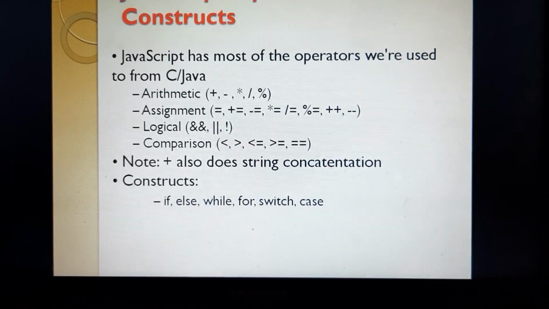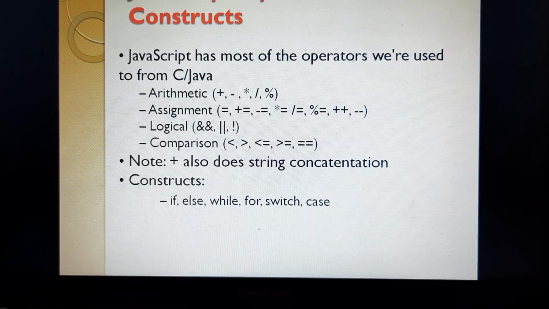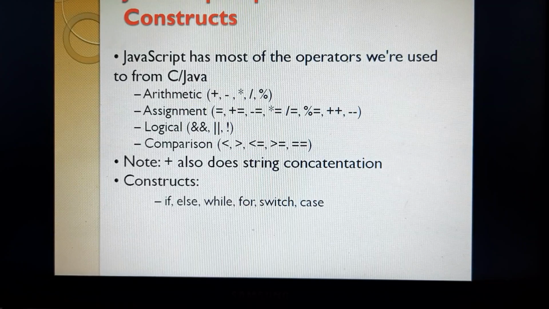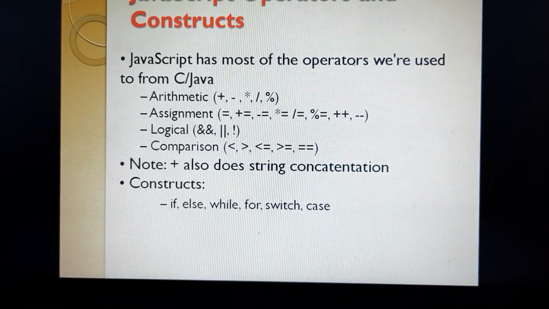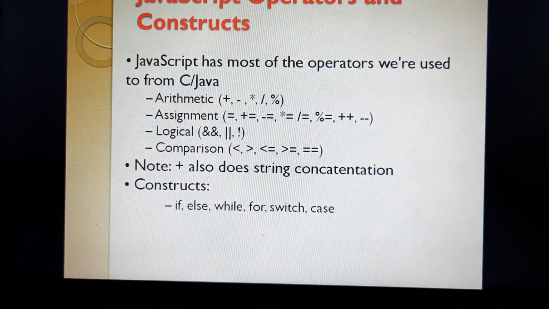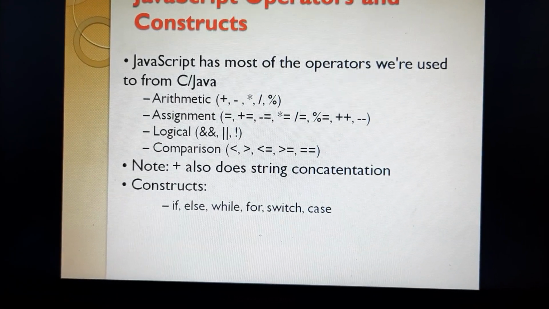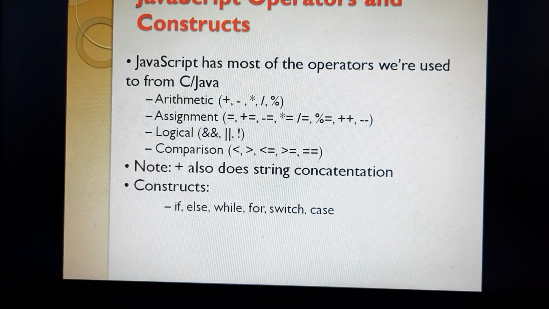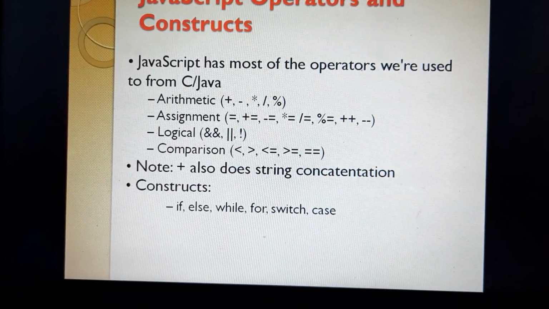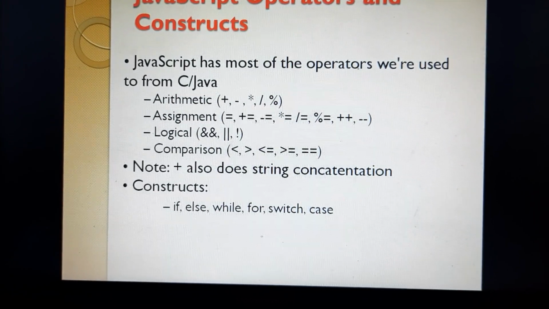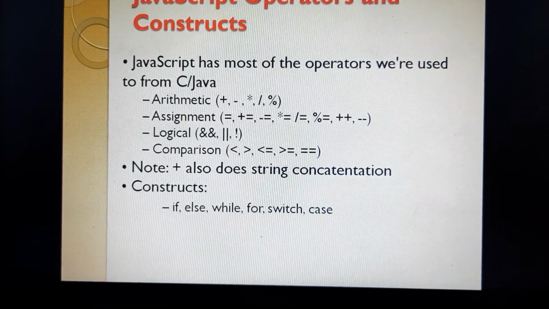Similarly, the assignment operators, shorthand assignment operators, we can also use in JavaScript. Logical operators like logical and, or, not we can use, and comparison operators like less than, greater than, less than or equal to, greater than or equal to, and equal to can be used for comparison purposes.